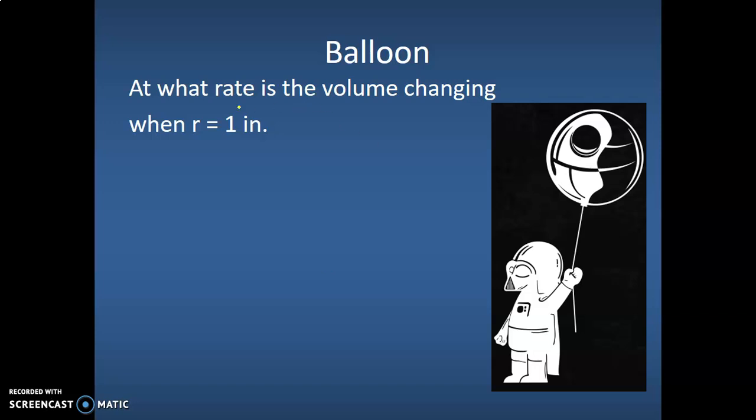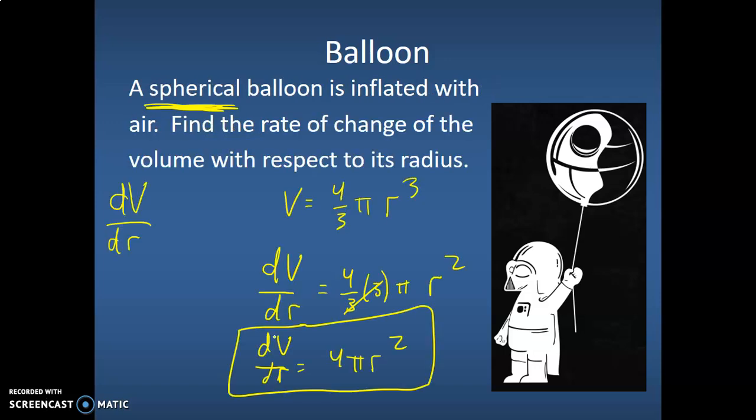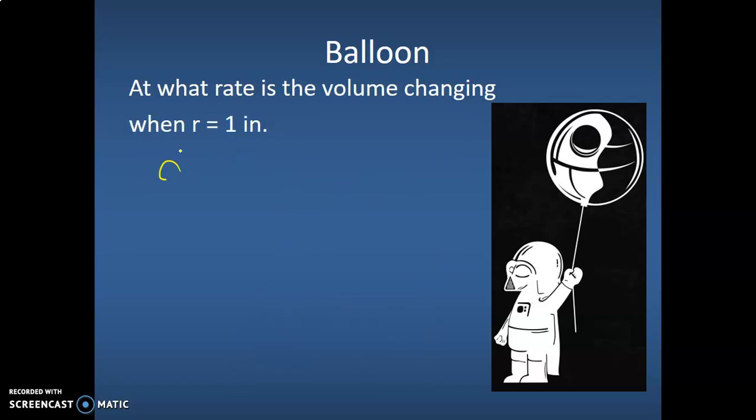Now let's figure out how the volume would be changing when the radius is 1 inch. So going back to this formula, dV dr is equal to 4 pi r squared. And this question is asking, what is the rate of the volume when the radius is 1 inch?